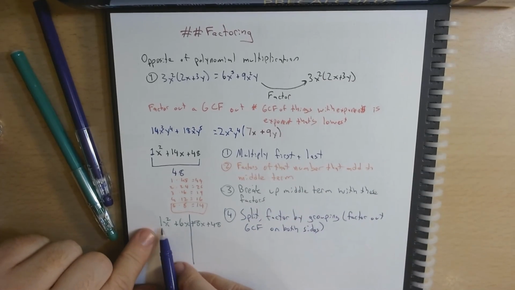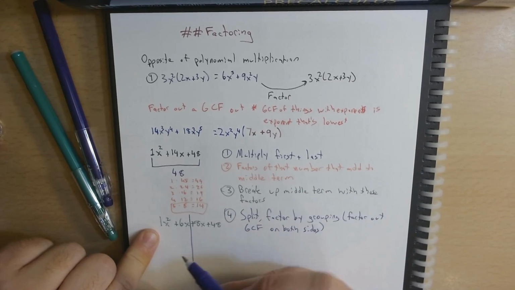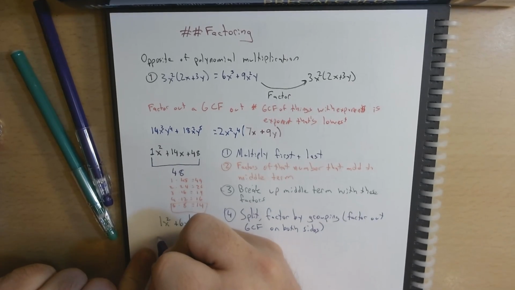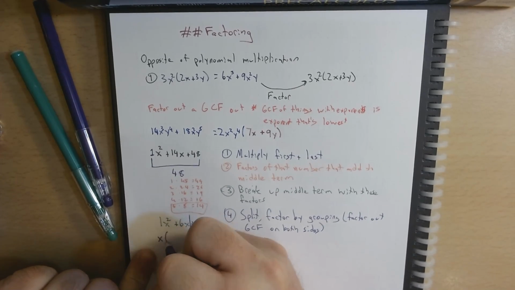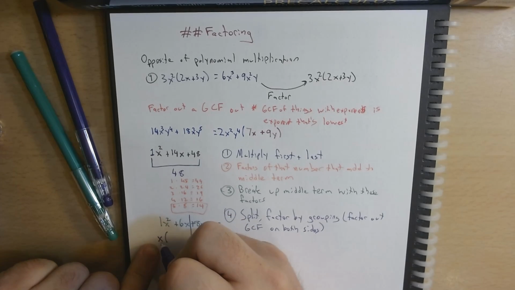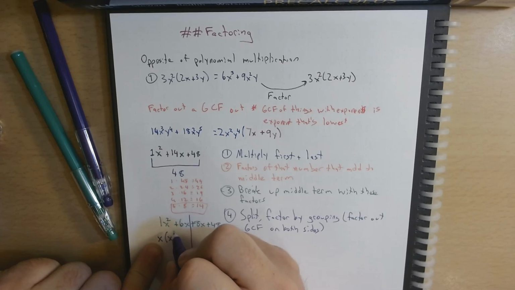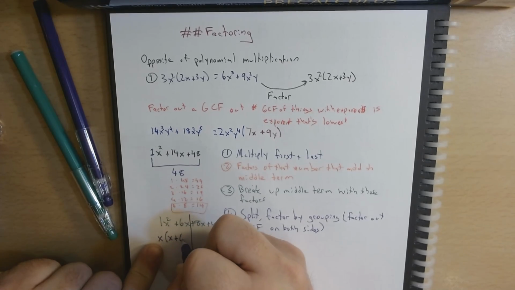So what's the biggest number that goes into 1 and 6? It's 1, so I'm not going to write that down. X squared and x, the lowest one is x. What do we multiply x by to turn into x squared? It's just an x. What do we multiply x by to turn into a plus 6? And that's a plus 6.